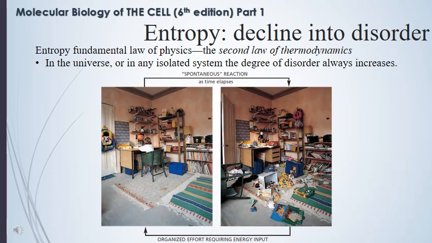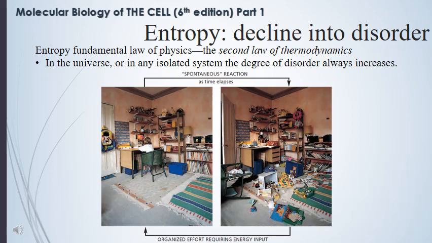So entropy is a fundamental law of physics. It's the second law of thermodynamics. It basically stipulates that in the universe or any other isolated system, the degree of disorder always increases.